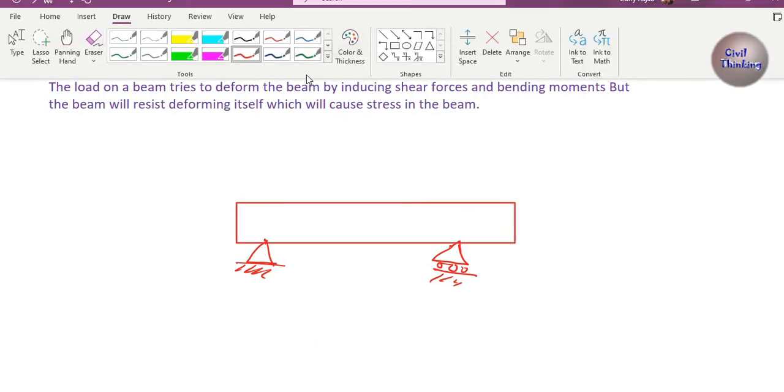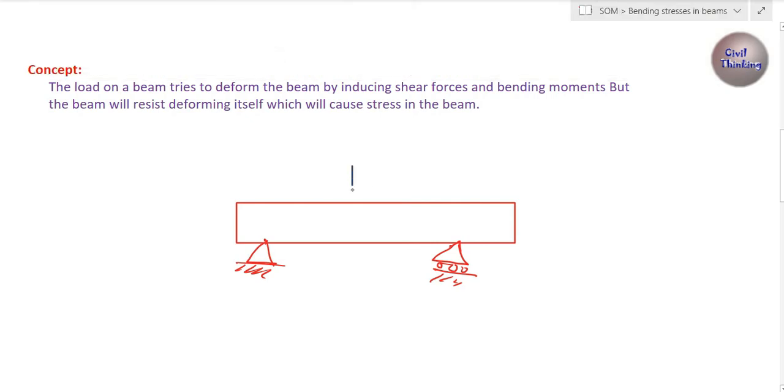Now when I apply an external load on it, like this is a load, right? Now this load will try to bend it, something like this. But this beam will not bend easily. Okay, this beam wants to fight this load back, it will resist. Now this load, as you can see, will exert some shear force here, right?